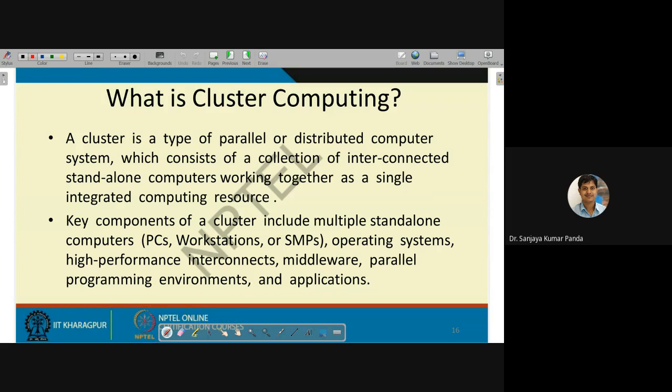If you compare the grid with cloud, or grid with cluster, or cluster with cloud, you will see the resources are different. In the cluster case, we focus on homogeneous entities, but in the grid case, we consider heterogeneous entities.